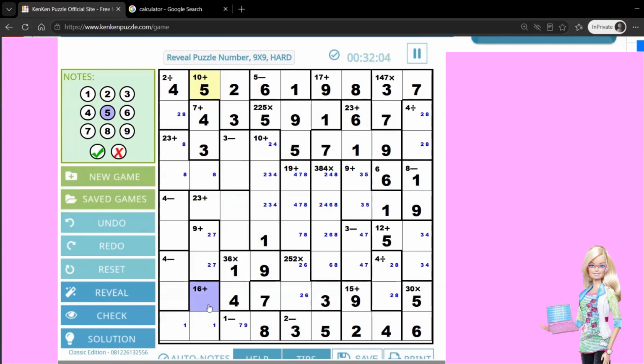So that's 15. That can't be made of 8, 7, so that has to be made of 9, 6. This 9 goes in here. Two, 6.